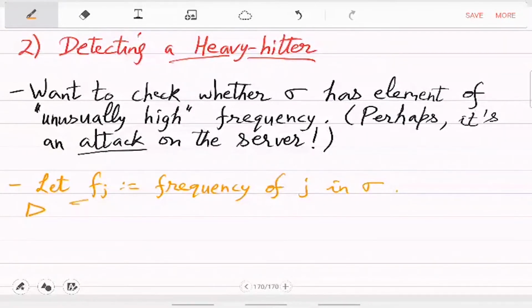So, what is the summation of all the frequencies? The summation of frequencies is m, right, that is the length of the stream. So, we call it the first moment f1.